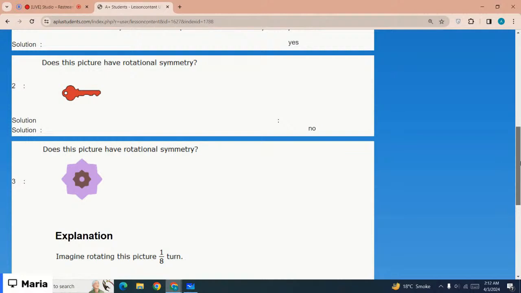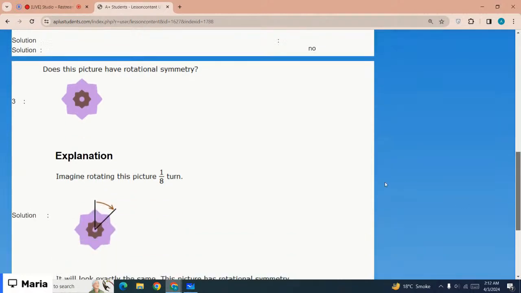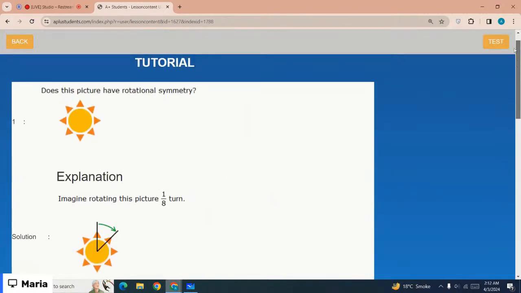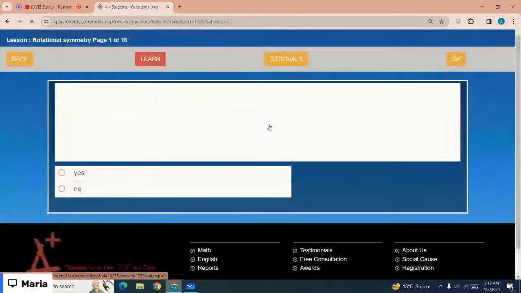Let's start with the third one. Does the picture have rotational symmetry? Yes, right? Because the image is exactly the same from all the sides. So that's why the image has rotational symmetry no matter what turn you use.